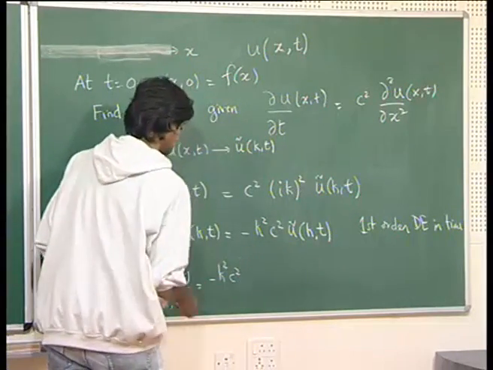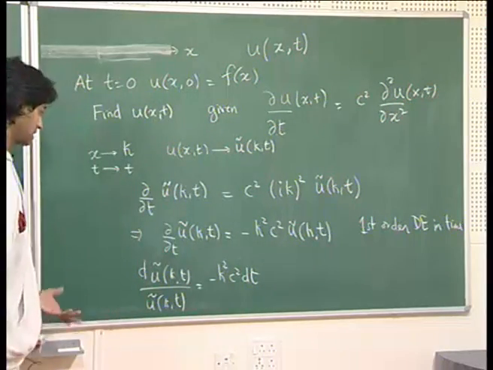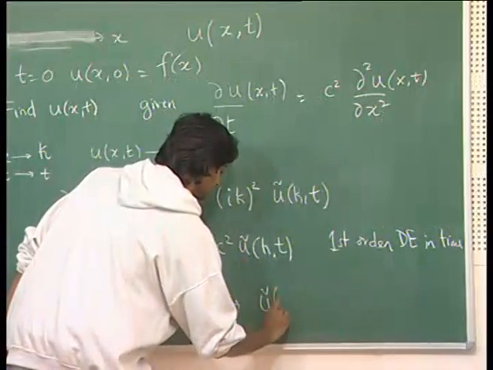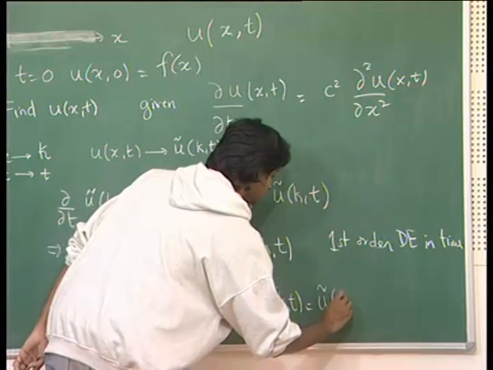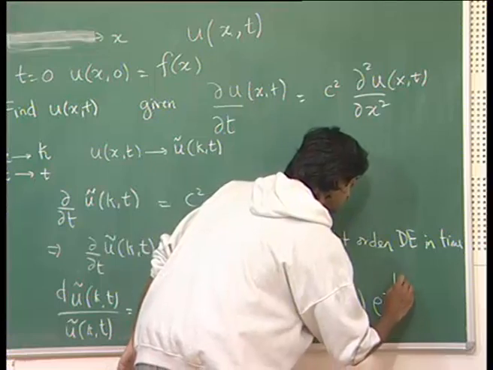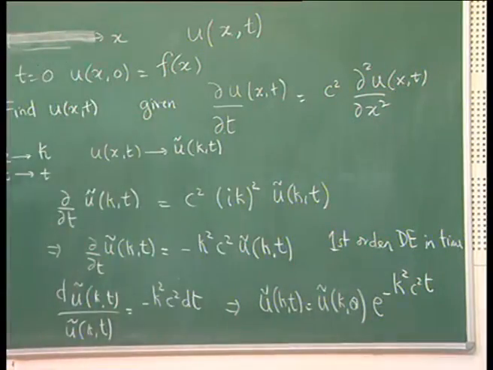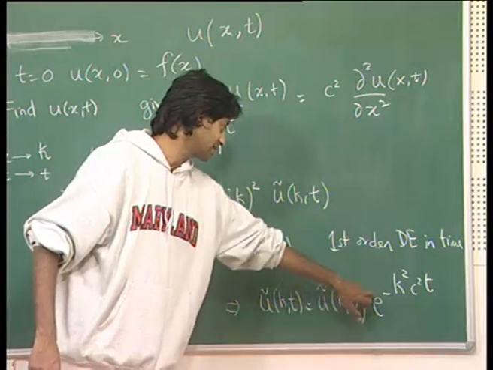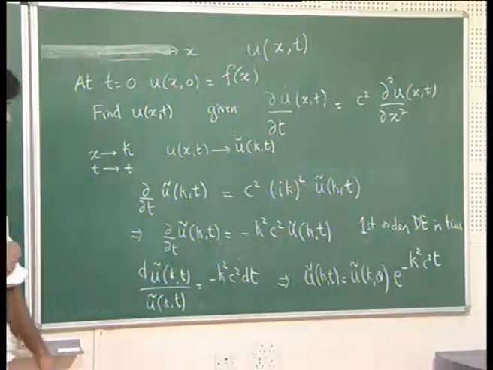And this simply implies u tilde of k, t equal to u tilde of k, 0 times e to the minus k square c square t. That is what you get when you integrate this.